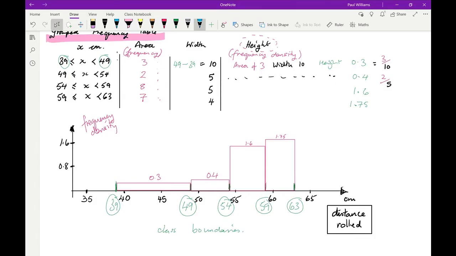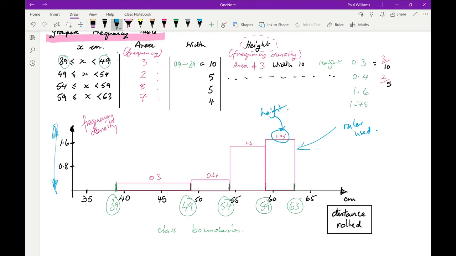So here is my tidied up diagram. I've got a nice vertical scale which has been drawn with a ruler. I've got some rectangles which have also been ruler drawn. And I have written above each rectangle its height. It makes it much easier to read.